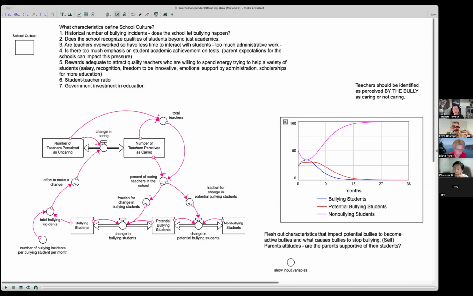Okay. Excellent. All right. So what I would like to suggest then is that if you are interested in continuing this conversation, play around with the model. Even if you only play around with the basic model that works, that's fine.